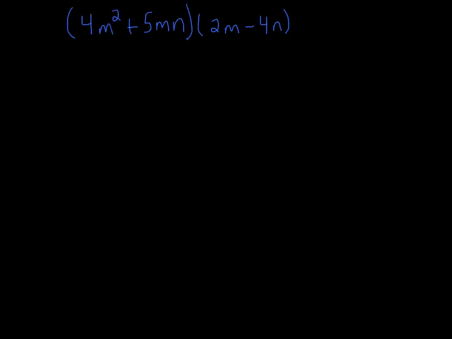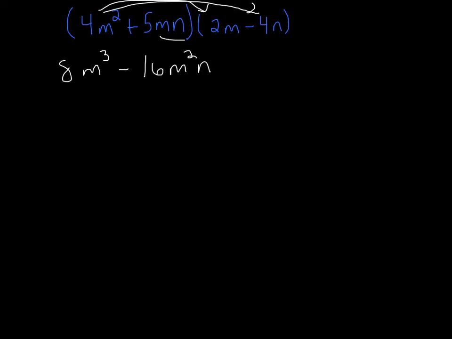All right, one more example. We're going to do this example, and then I will let you do some try these. All right, so getting a little harder here. We got variables on both sides. So 4 times 2 is 8, and then m squared and m will give you m to the 3rd power. 4m squared and negative 4n, so that's going to give you negative 16m squared n.